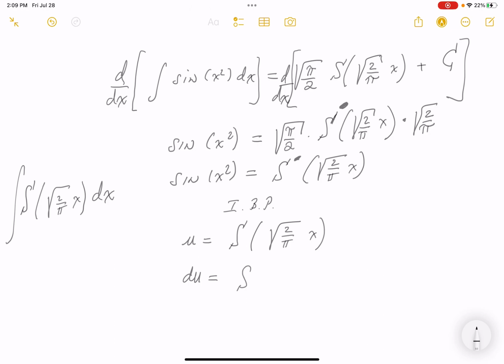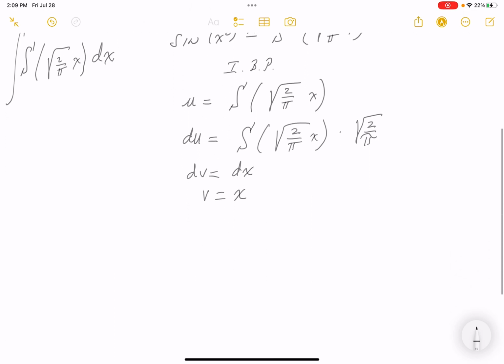That would be S prime, and then times that. And then I can put du down. I'm sorry, dv. What am I saying? dv equals dx, and that means v equals x.